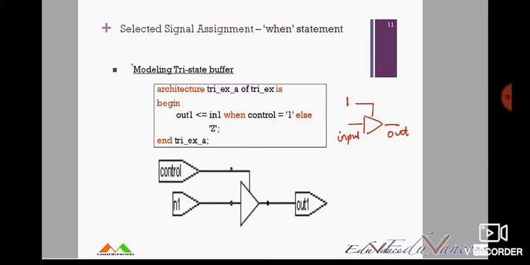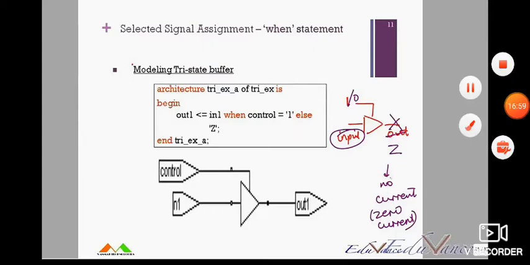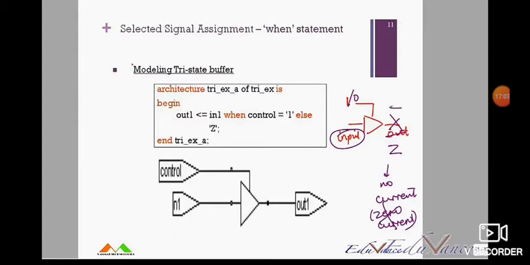If my control is 0, then no matter what my input is, my output is always high impedance. High impedance means no current flowing. No current is not zero current, please understand. No current means the current cannot flow at all. So there is no path for current to flow anywhere.